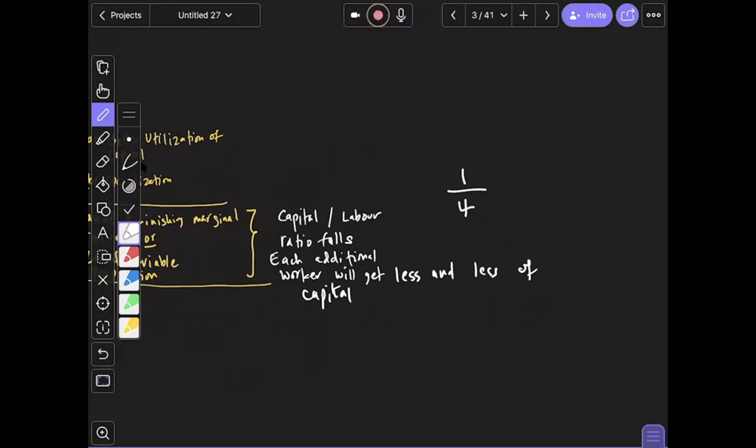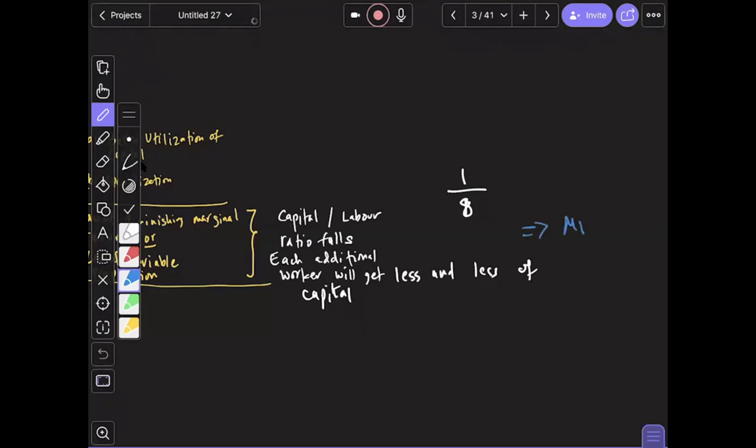So 0.25 is what you get per worker, versus capital divided into, like, 8 workers. Does that make sense? So that's why it's called capital to labor ratio. Same capital, more labor, labor gets divided into more people, and therefore each worker will get less and less capital to work with, and therefore productivity, therefore MP, is going down.